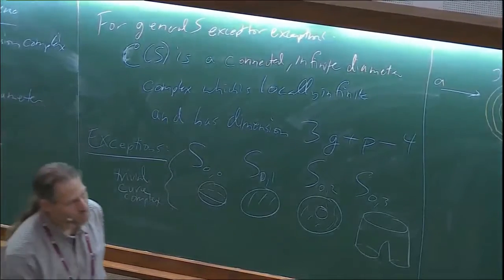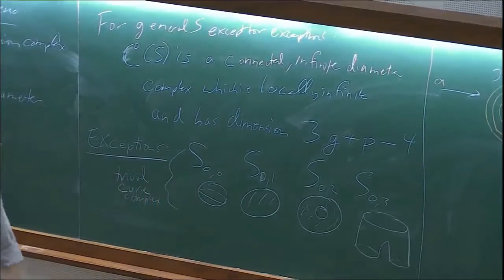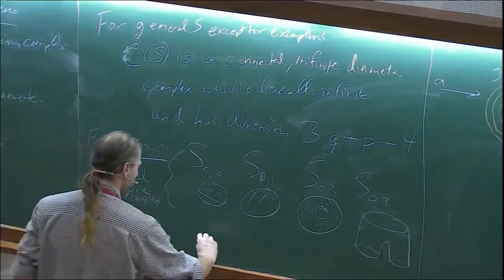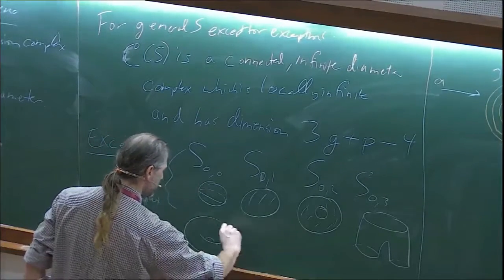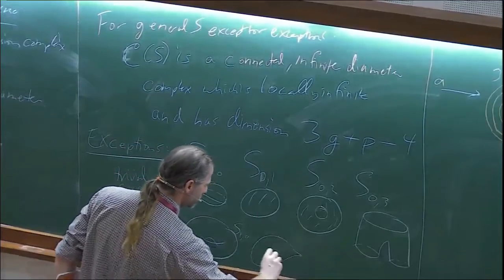And then there's a few exceptions, like the torus, where I needed to modify the definition a little. Those exceptions are ones that have curves, but every pair of curves intersect each other. So there's the torus, S10. There's the torus with 1 puncture.